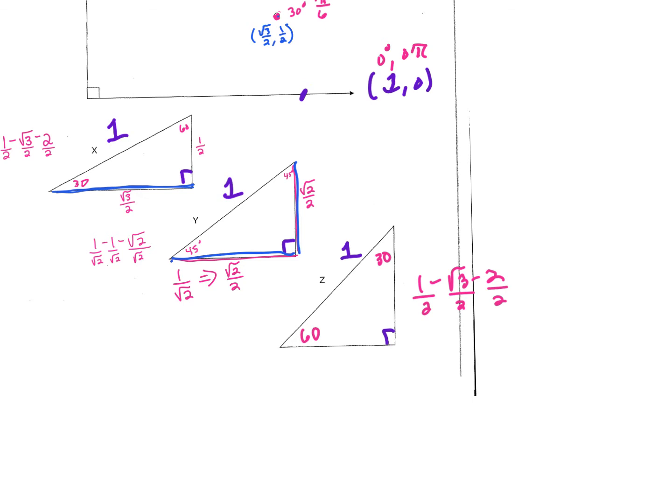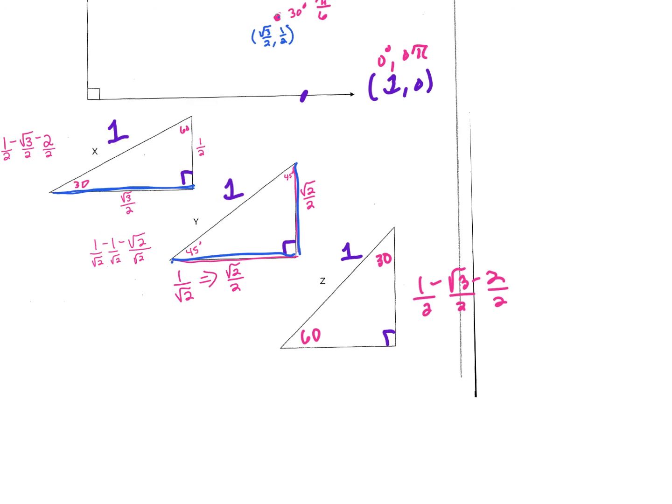So in order to have our hypotenuse be equal to 1, we have to divide by 2. So we've got to label these sides correctly, though, because the side opposite the 30 degrees is where the 1/2 goes. And the side opposite the 60 degrees, I wrote this a little too close to that, didn't I?